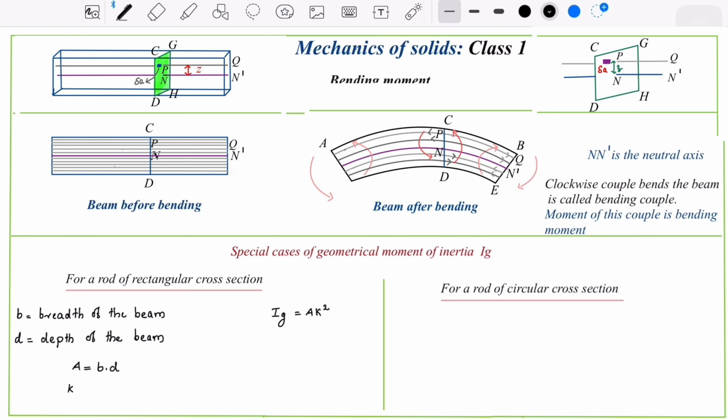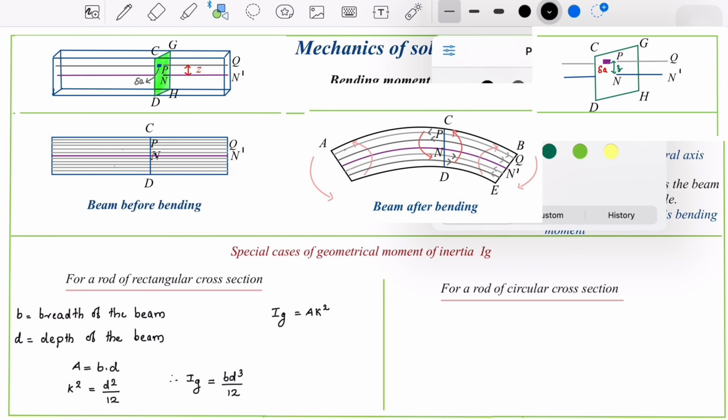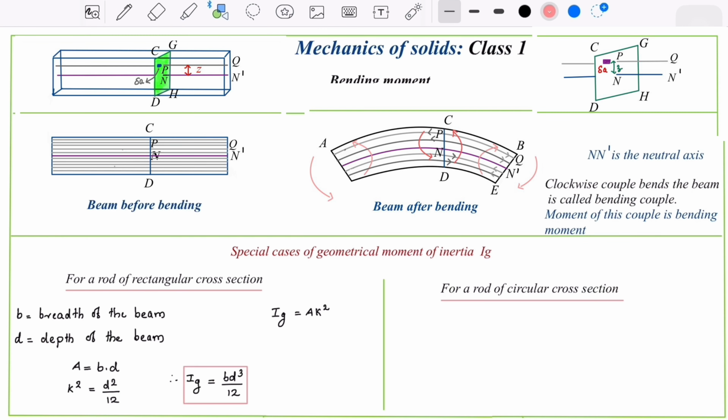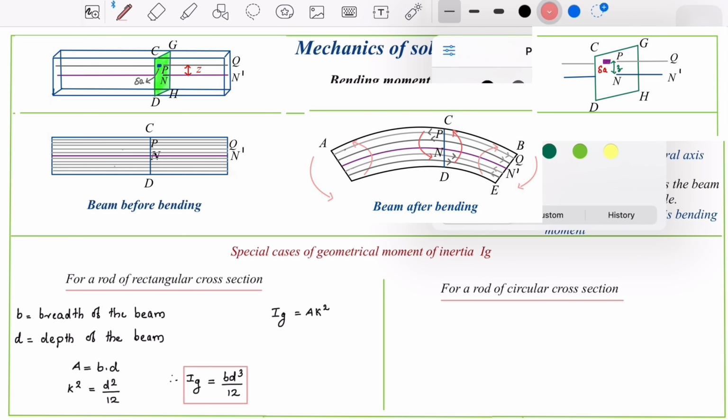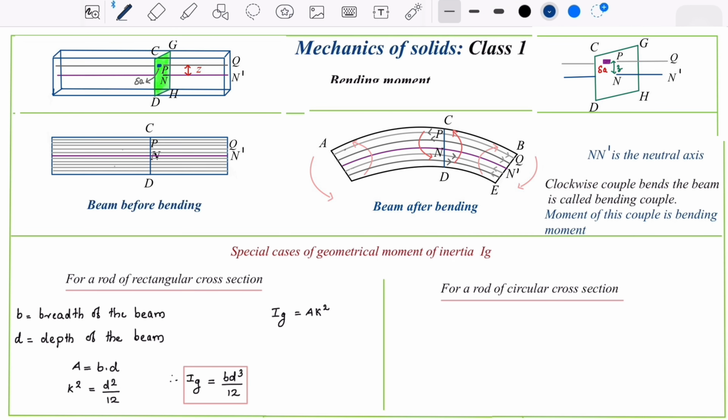Now, please remember that for a rod of rectangular cross section, K square is equal to D square by 12. Therefore, Ig is equal to AK square, that is BD into D square by 12, that is Ig is equal to BD cube by 12. That is, for a rod of rectangular cross section, the geometric moment of inertia Ig is BD cube by 12. Therefore, what is the bending moment?